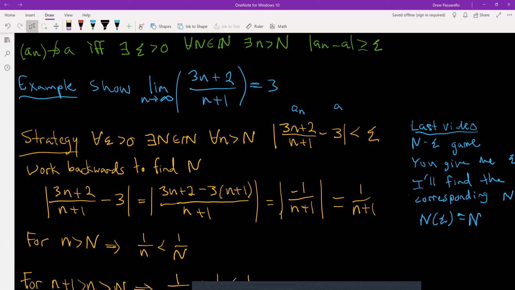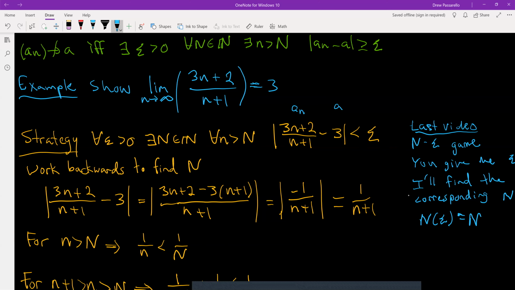Then more algebra: you distribute the negative 3, so 3n and negative 3n cancel out, and you get 2 minus 3, which is negative 1. The result is the absolute value of negative 1 over n plus 1. Taking the absolute value, that's just 1 over n plus 1.